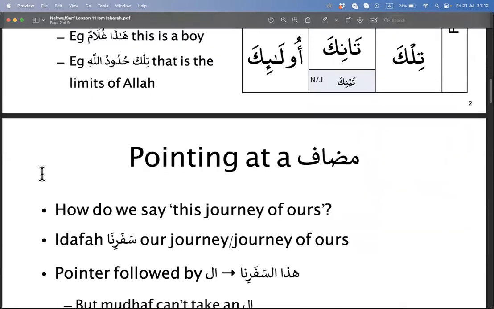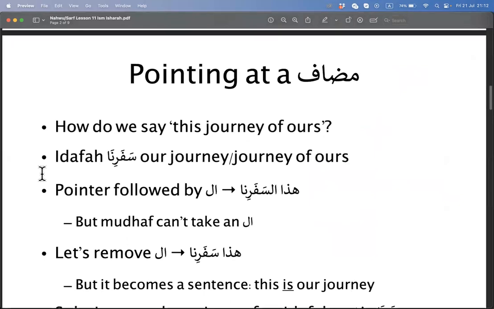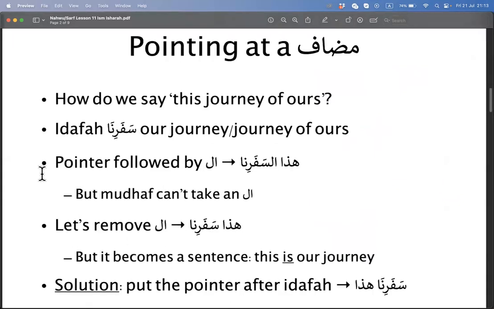Okay. Now we have other issues. If we want to point at a mudhaf, how do we say this journey of ours? Journey of ours is safarina. Safar is journey. Ours, right?